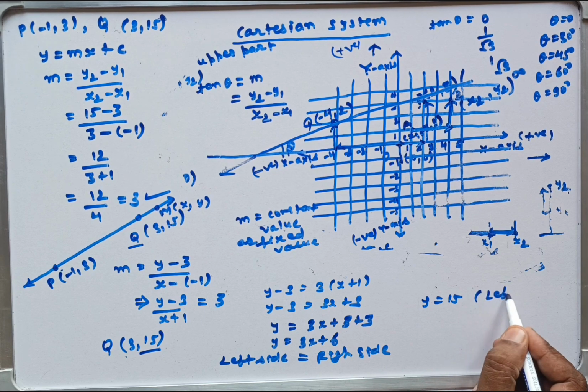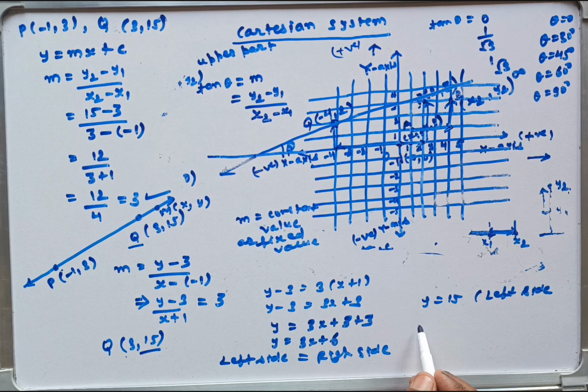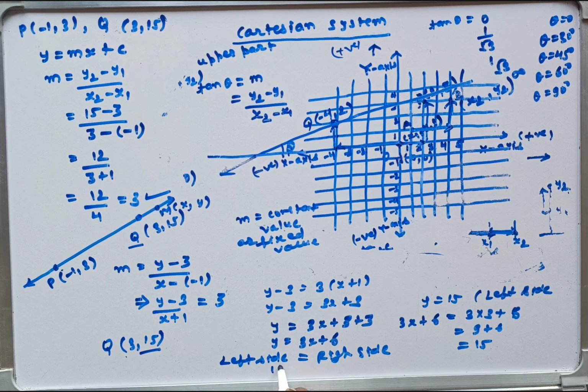For the right side, 3x plus 6, put the value of x from this point, so this is 3 into 3 plus 6, which comes 9 plus 6, equal to 15. So both side values are equal to 15, so our equation of the straight line is correct. You can check it.